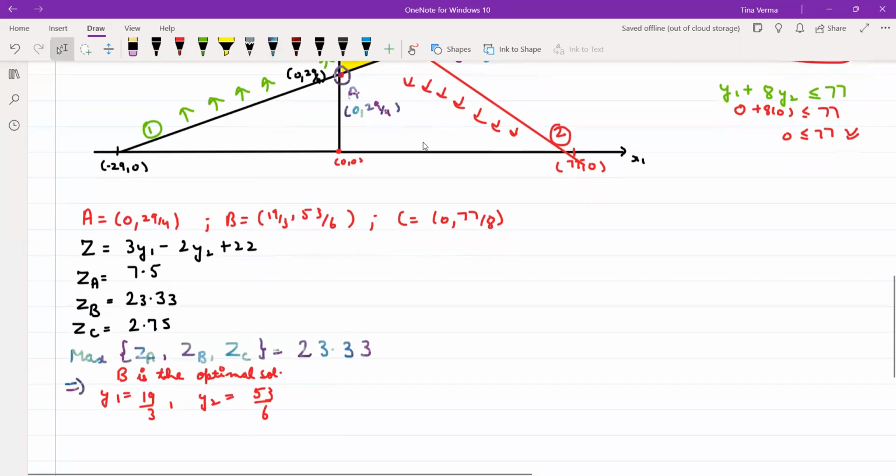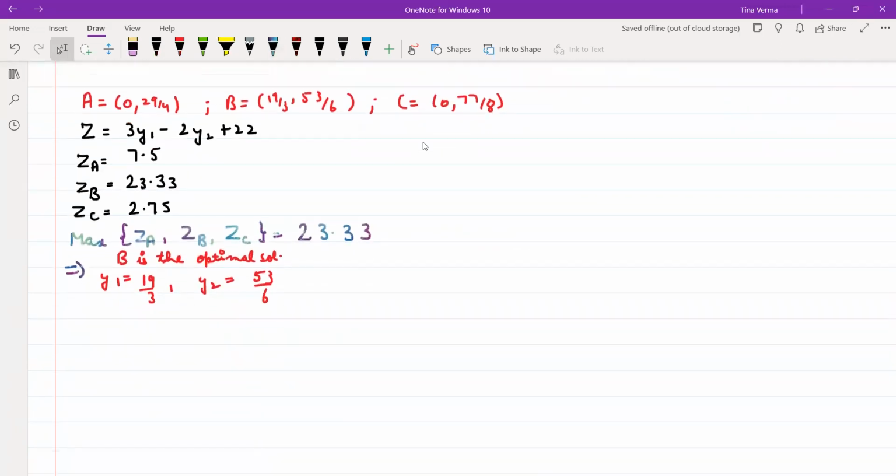So don't end over here, because Y1 and Y2 you have decided as the variables, but actually the problem was given to you in X1 and X2. So your X1 was your Y1 plus 2, and X2 is your Y2 minus 8.